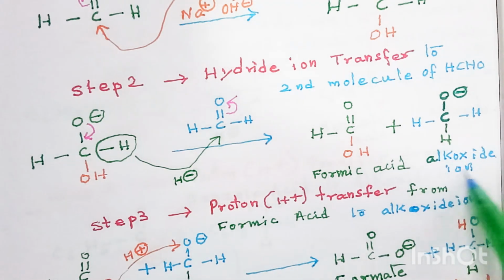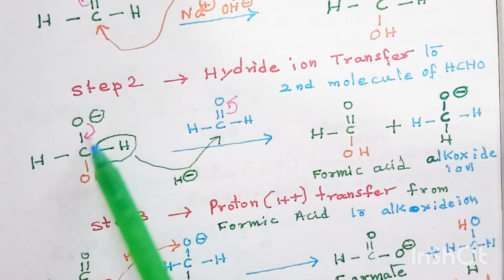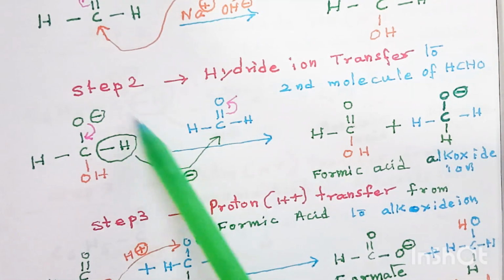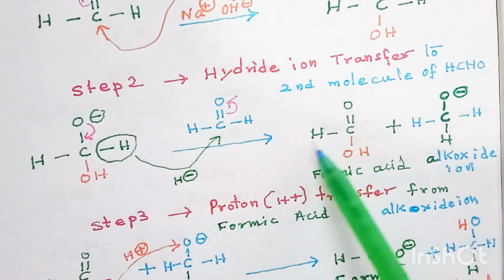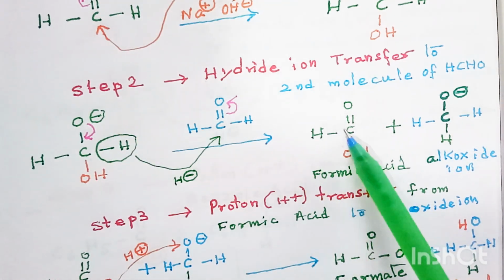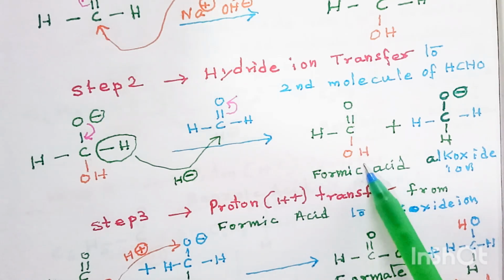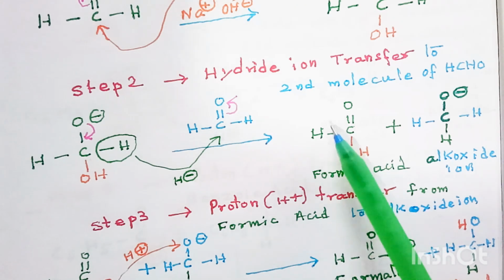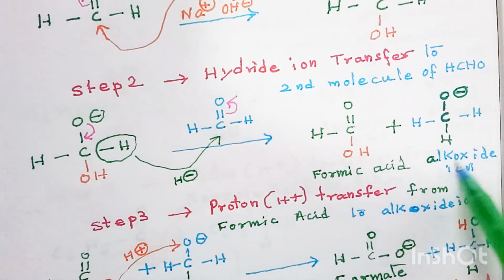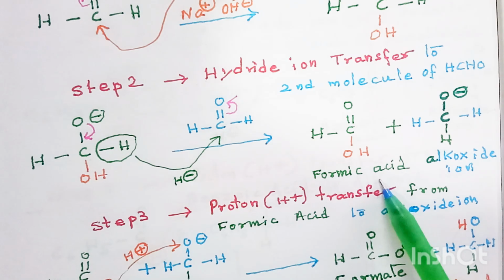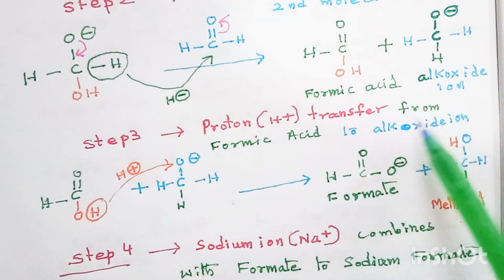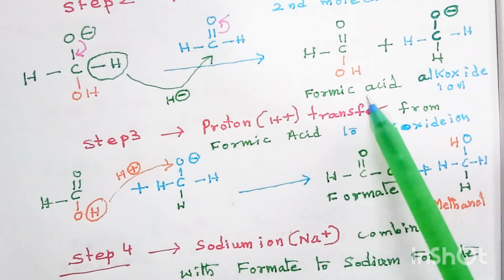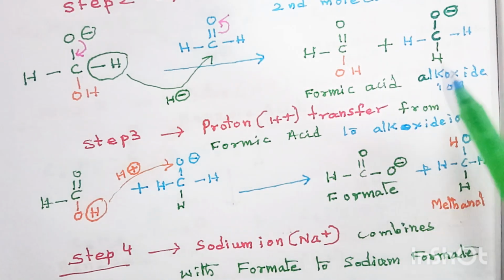This is alkoxide ion, and this molecule upon losing hydride ion becomes formic acid, HCOOH. So we got an alkoxide ion and a formic acid molecule. In step 3, proton transfer takes place from formic acid to alkoxide ion.